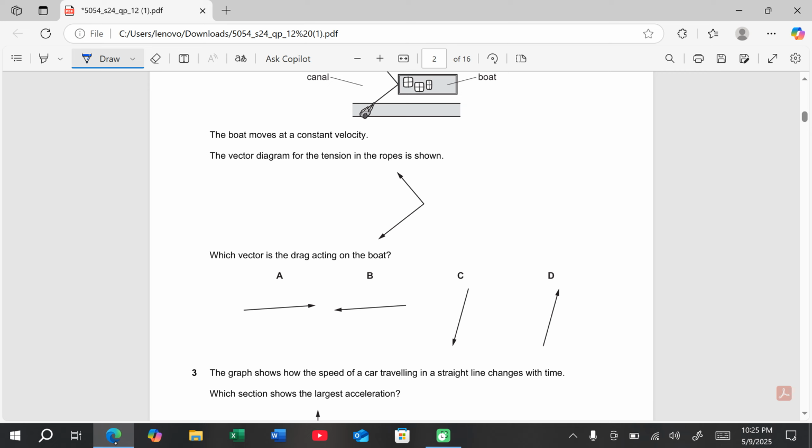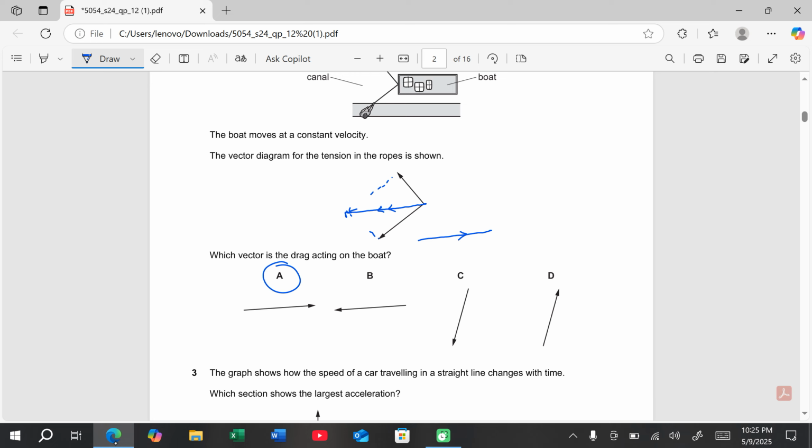If we find the resultant force of these two vectors through the head to tail rule, it's going to form another vector here and then another vector here, and the resultant will be like this. And to balance this, there should be an opposite force, which should be like this.